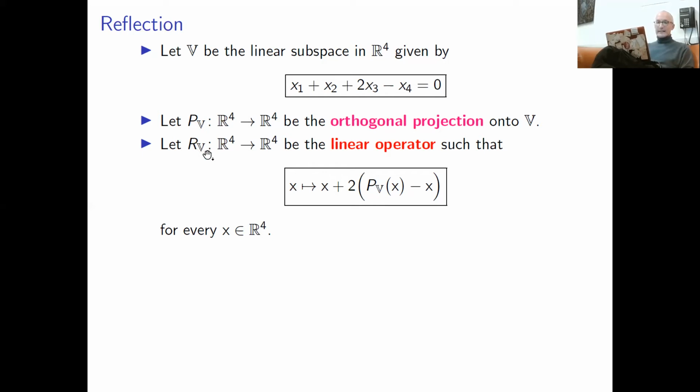Out of this, you get the standard matrix of our linear operator, our reflection in V. But if you do this, you will see the standard matrix is going to be complicated. Like the standard matrix of orthogonal projection in this example is going to be quite complicated, so for reflection it's going to be even a little more complicated.